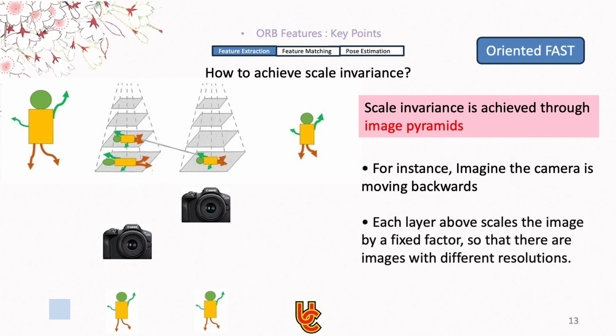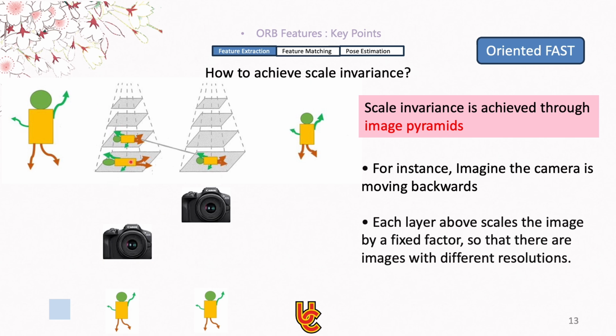It achieves this by building image pyramids. Take this scene for example. The child is standing still at this place, and imagine that the camera is moving backwards. The camera takes a picture here, and then takes a picture here, to build two image pyramids.